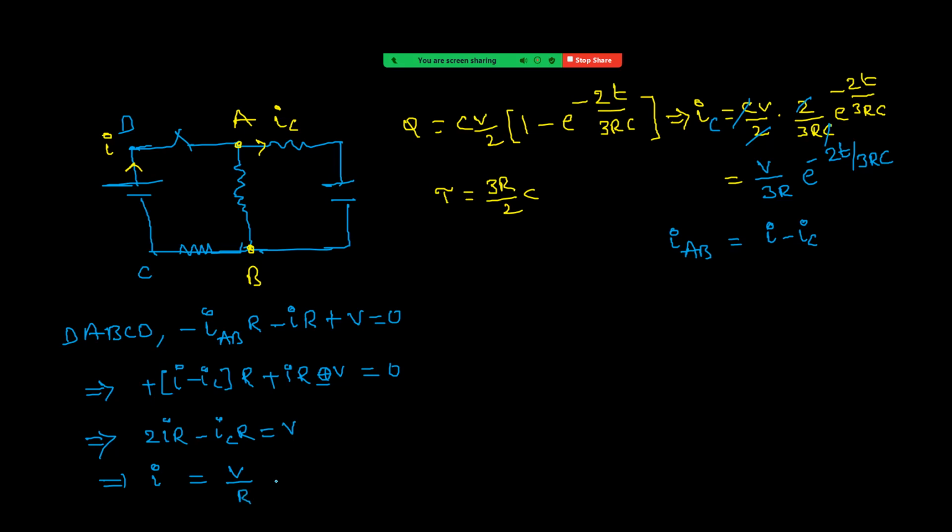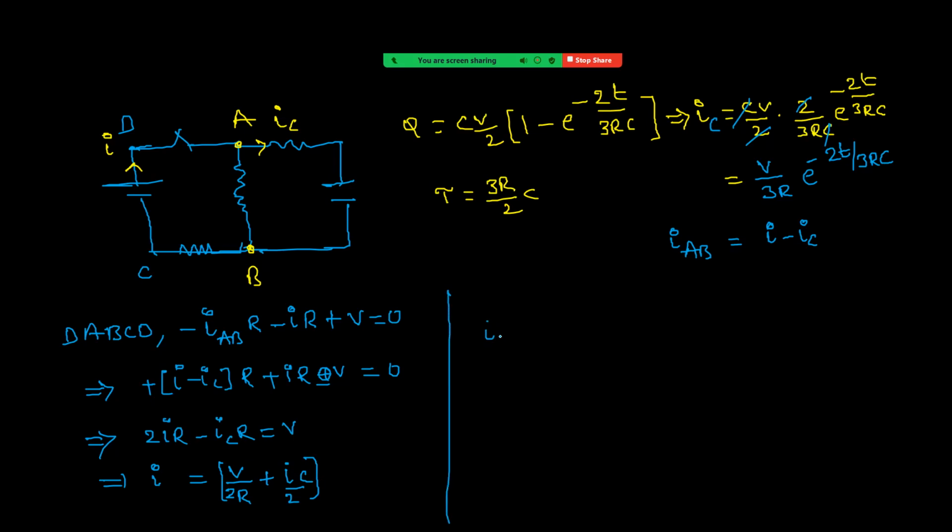V by R, wait, how much do we get here? I have taken R out, V by R, the remaining is V by R plus IC, and it is now half of that, right? Divided by 2. Okay. Now substitute that in this one.